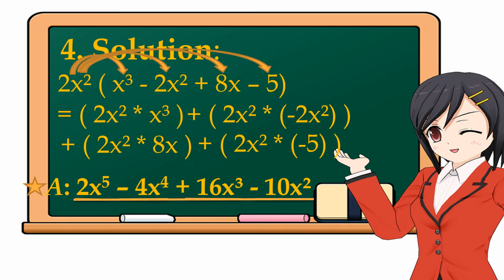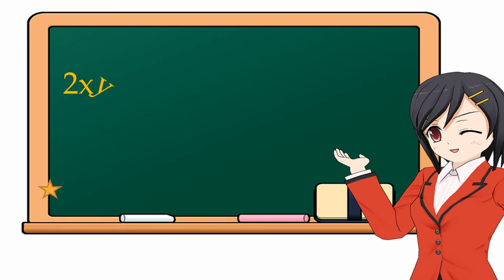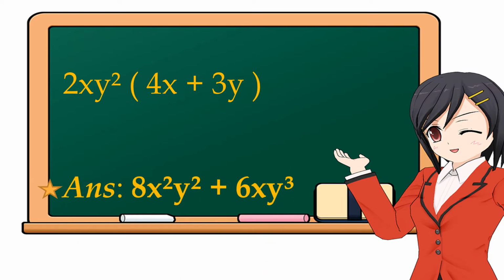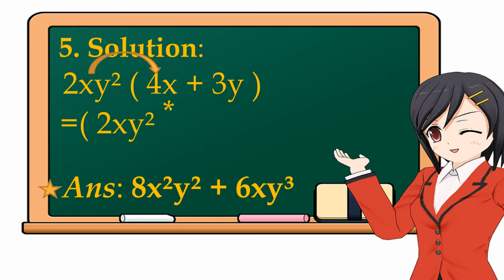For number 5, when we multiply 2xy squared to quantity 4x plus 3y, it will give us an answer of 8x squared y squared plus 6xy cubed. So for the solution, using the distributive property, we will multiply 2xy squared to 4x, which is equals to 8x squared y squared.